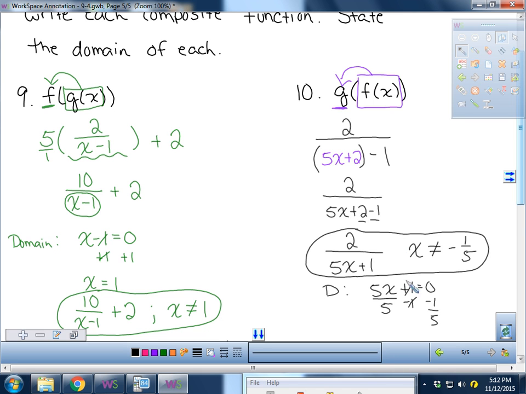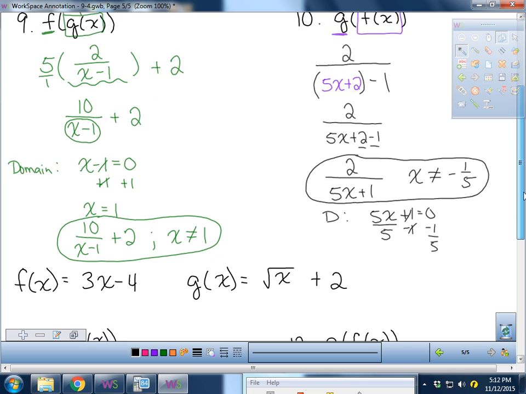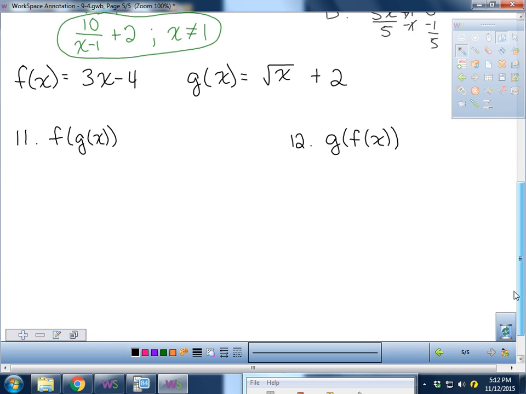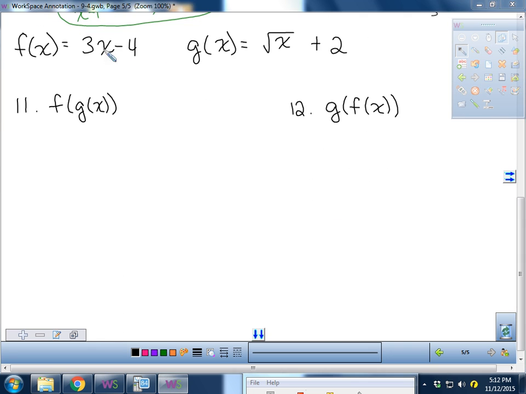All right. A new f of x and a new g of x. I'm going to throw in a little square root action for you. All right, so the first way we're going to go is we're going to plug in g for the x in the f. So I'm going to write down the f because that's what I'm plugging into.